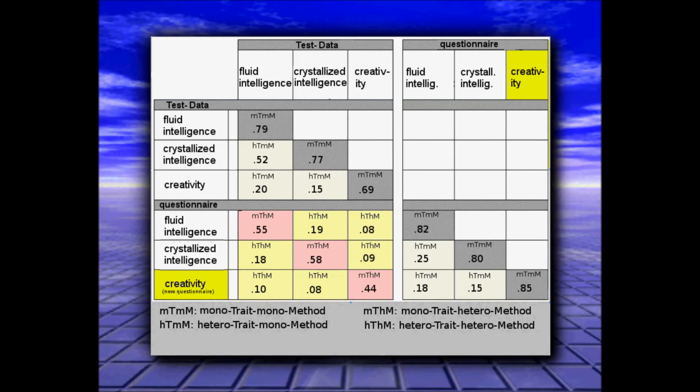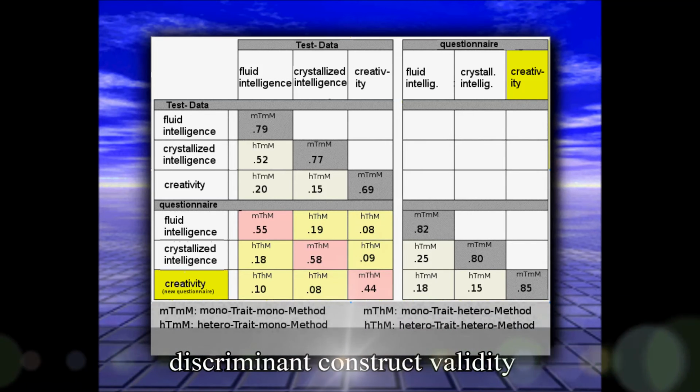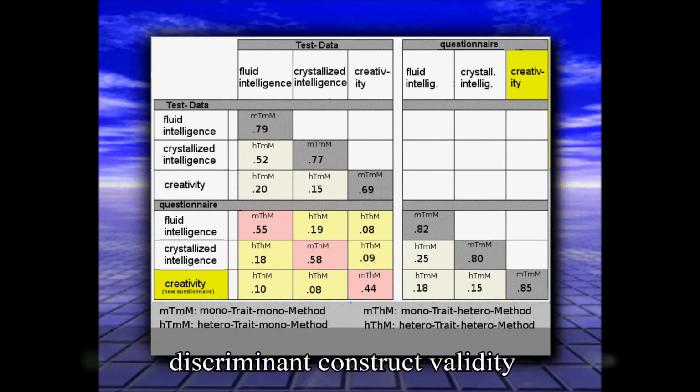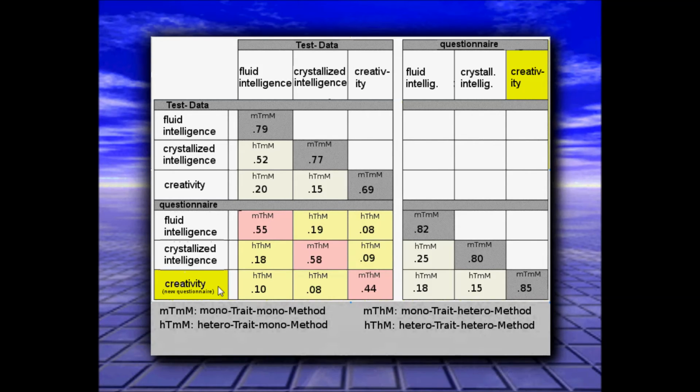But what about the discriminant construct validity? Can I really separate the results of my creativity questionnaire from what is measured by a questionnaire on fluid intelligence or crystalline intelligence? And as we can see in the bright gray fields, those triangles, there are in fact at least low correlations between my creativity questionnaire and the questionnaires on fluid and crystalline intelligence.